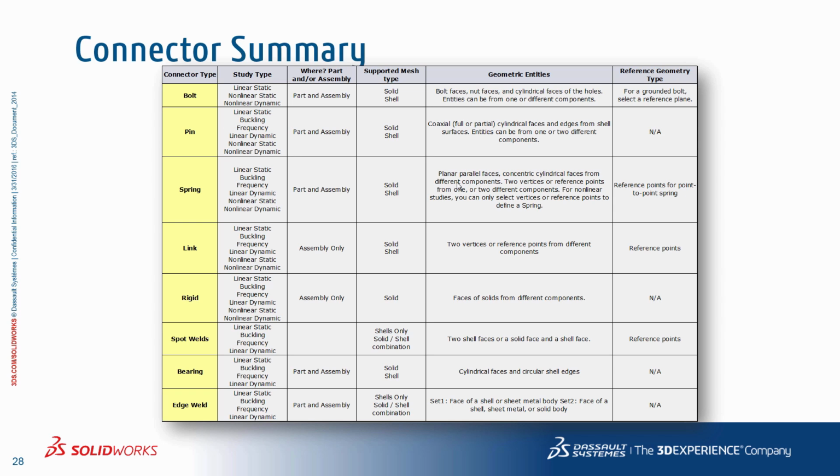The mesh type column is self-explanatory, but again, you can utilize this as a nice reference as well. And finally, the geometric entities and the reference geometry column, they both give us a good idea as to, for each and every connector, what are the ideal or the most efficient geometry selections as well as reference geometry selections.